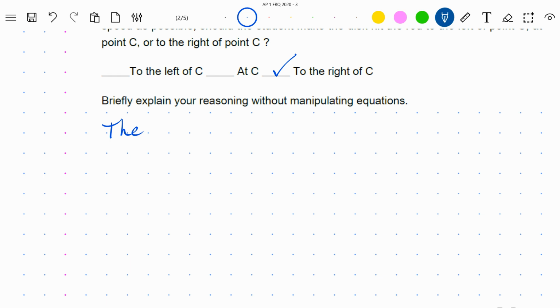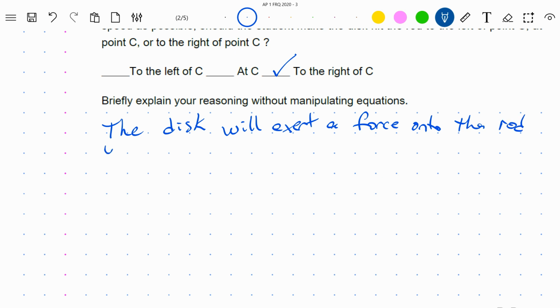The disk will exert a force onto the rod upon impact.